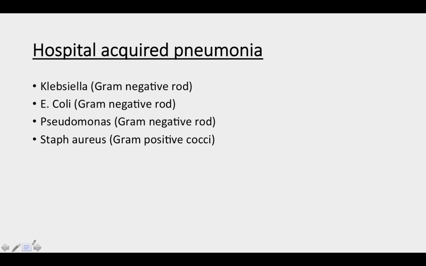And the microbes that cause pneumonia in the hospital are your typical nasty hospital-acquired bacteria, so Klebsiella, E. coli, Pseudomonas, and Staph aureus. And again, take note that you have both gram-negatives and positives and rods and cocci, right? And you should start being aware of the identity and the categorization of each of these bacteria.